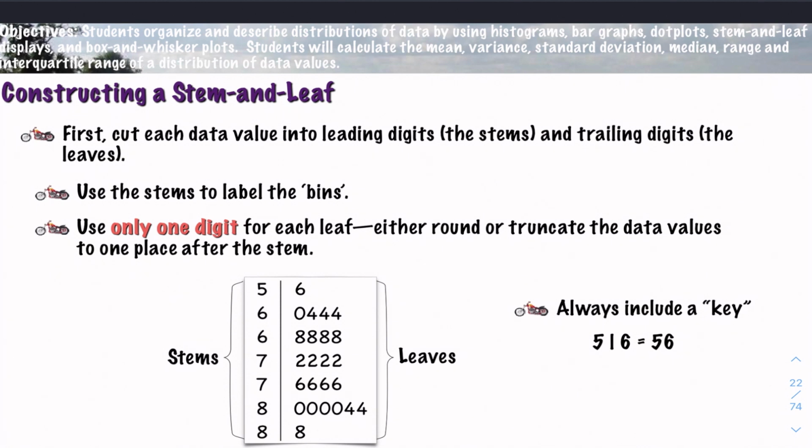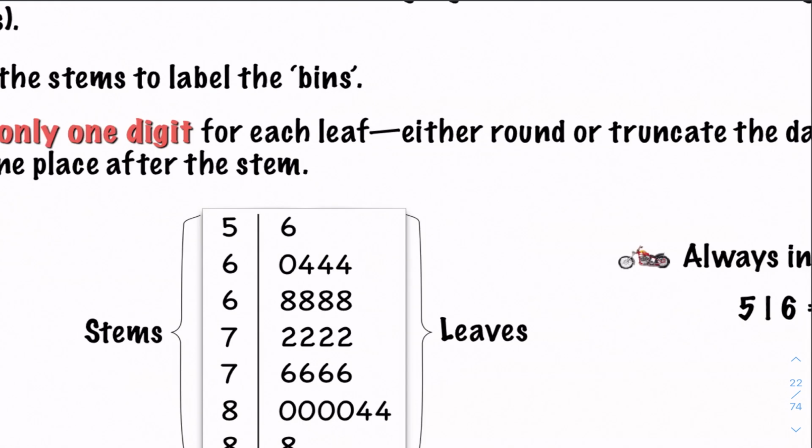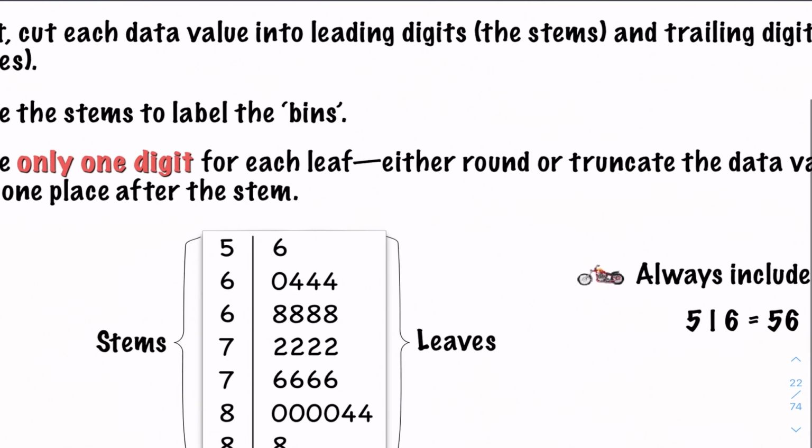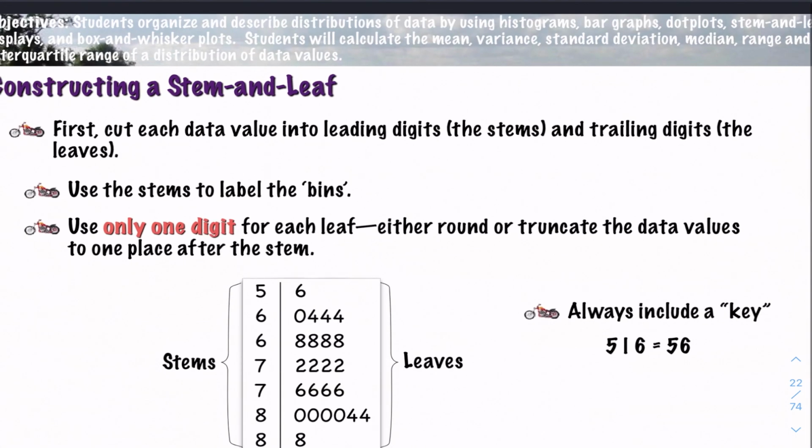If you're looking to construct a stem and leaf plot, first, cut each data value into the leading digit, which we call the stems, and the trailing digit, which are the leaves. Use the stems to label the bins. Now note, if you only use one digit for each leaf, either round or truncate the data values to one place after the stem.